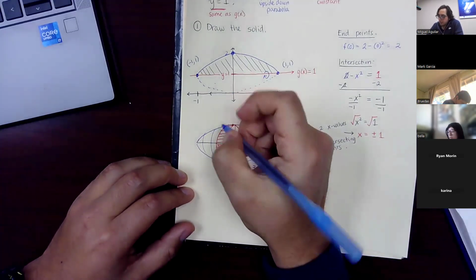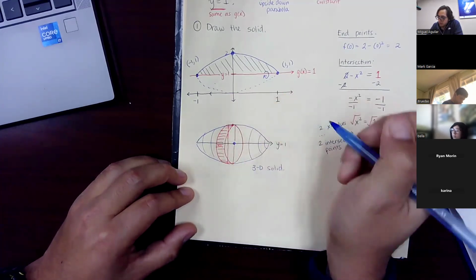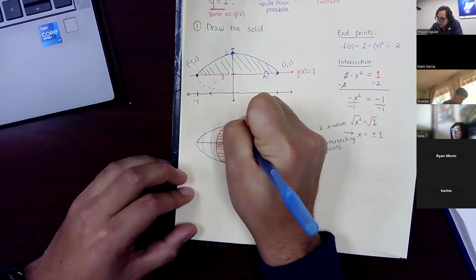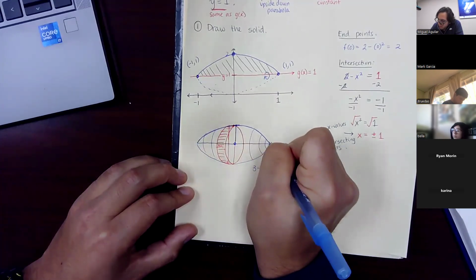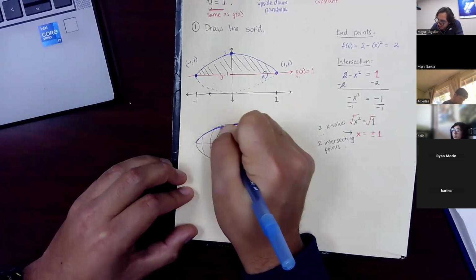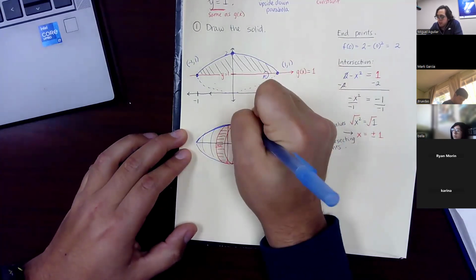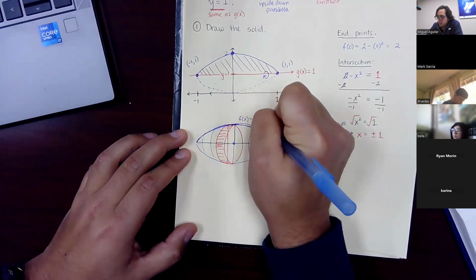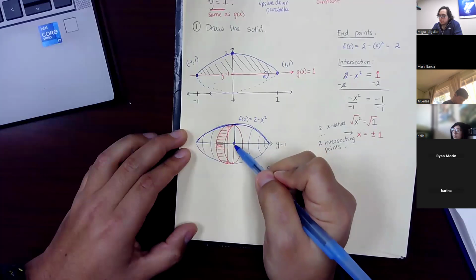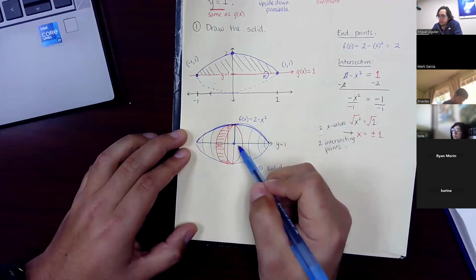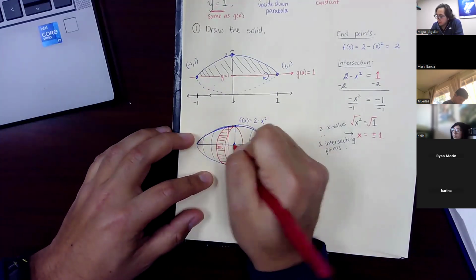And so we need to ask ourselves, how do we find the radius? So the radius goes from here to the edge of our function. This part up here, the top edge of that shape, is determined by the function f of x equals 2 minus x squared. But the radius doesn't go all the way down to the x-axis. It just goes to y equals 1, which was the function g of x.